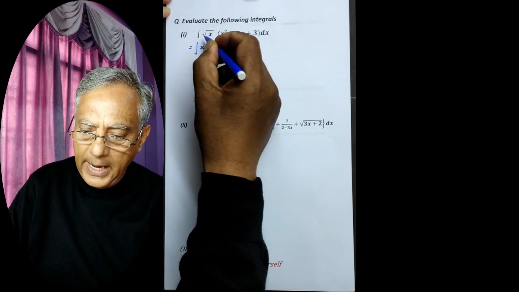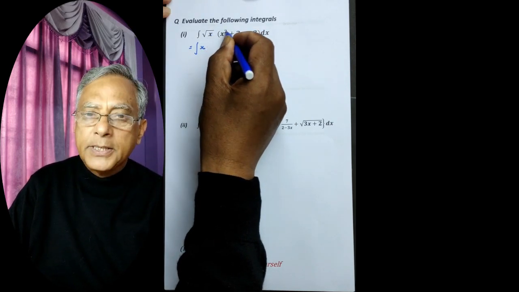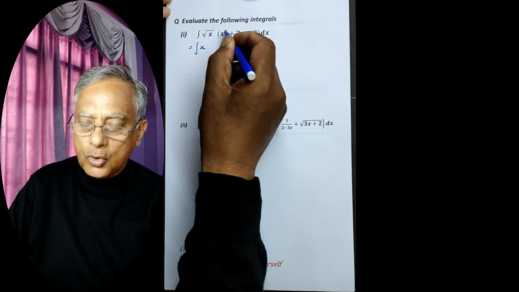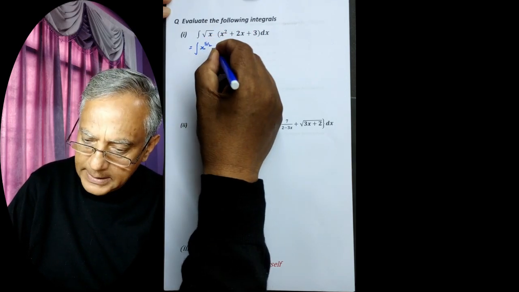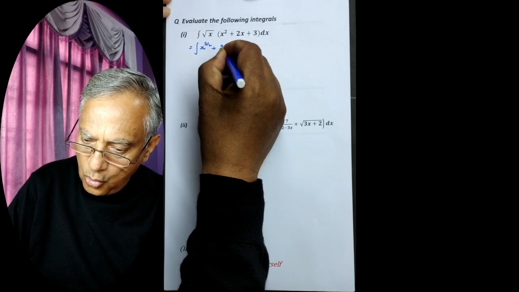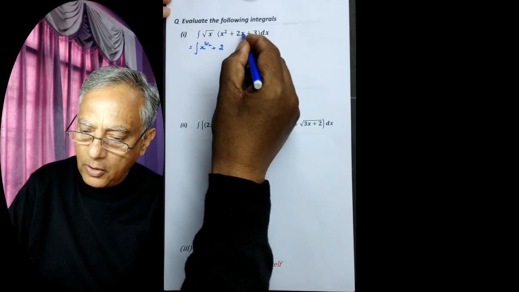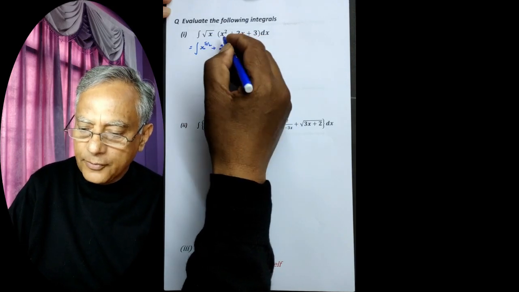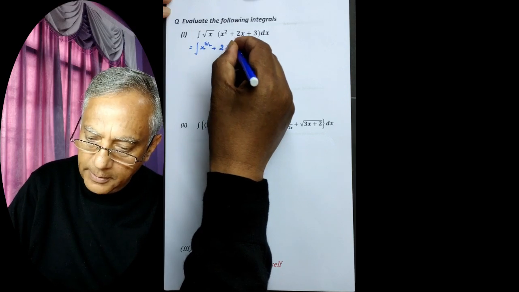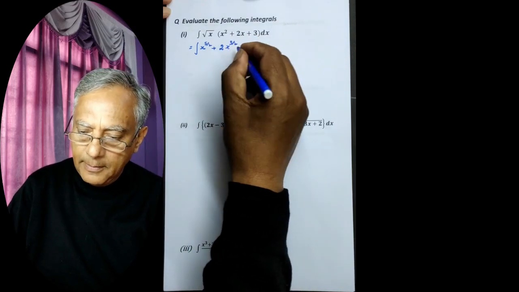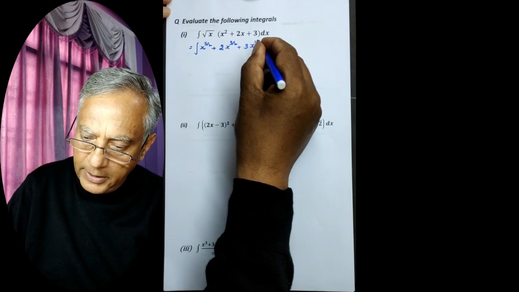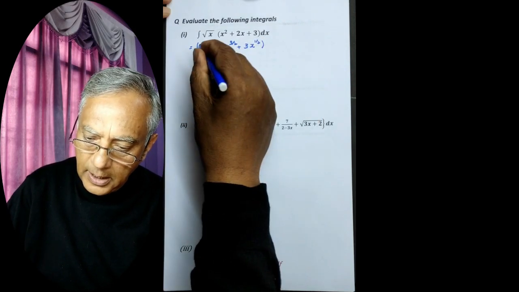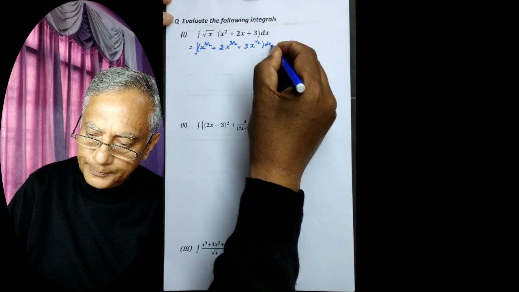This into this will be x to the power of 5 by 2 plus 2 x to the power of 3 by 2 plus 3 into under root x, which is x to the power of half, dx.